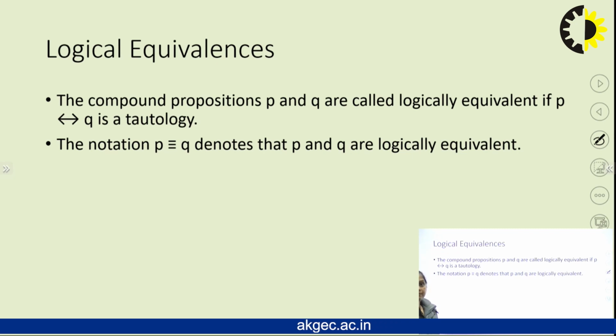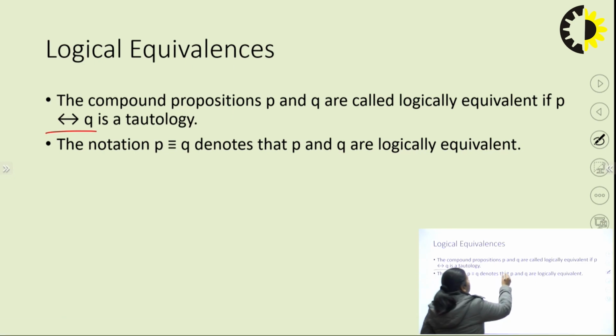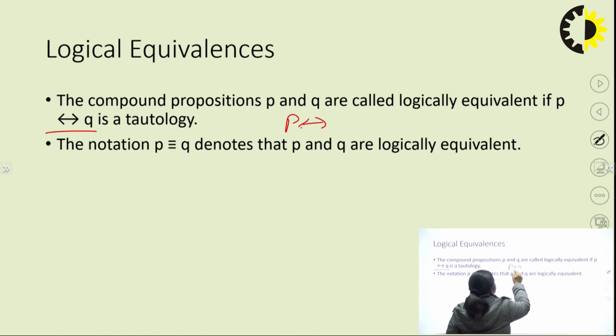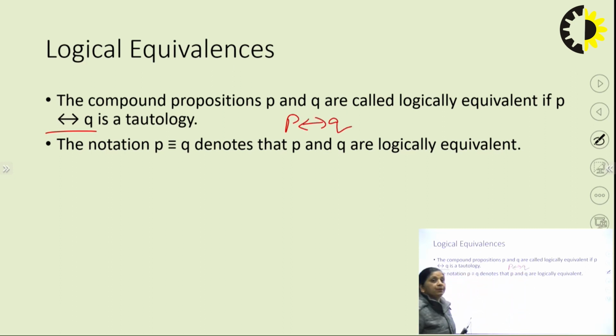Logical equivalence. The compound propositions P and Q are called logically equivalent if P bi-implies Q is a tautology. What does it mean? It means if P then Q and if Q then P. If this is a tautology, the two compound statements are logically equivalent.